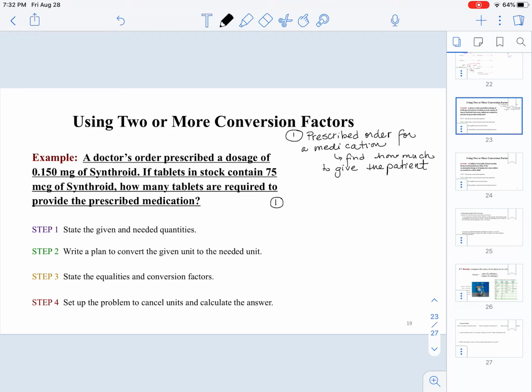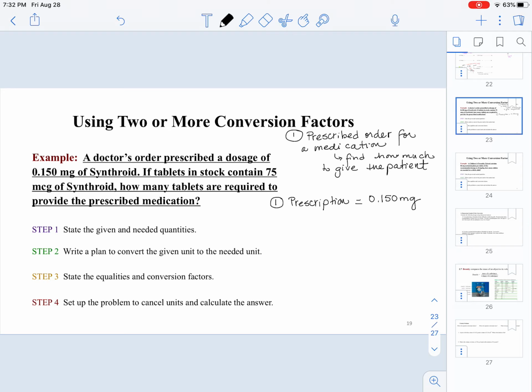So in this case, what you know is the dosage at which you need to give it to the patient. So the prescription, which is in this case 0.150 milligrams.